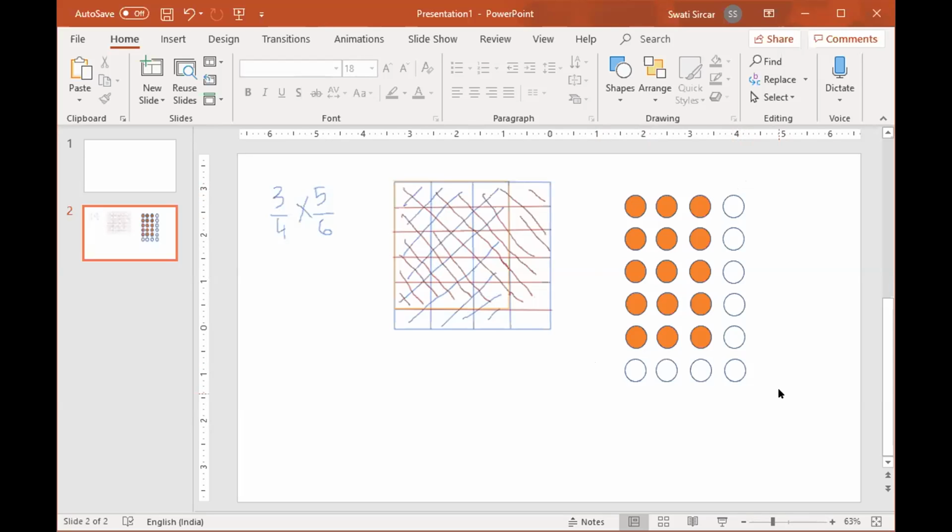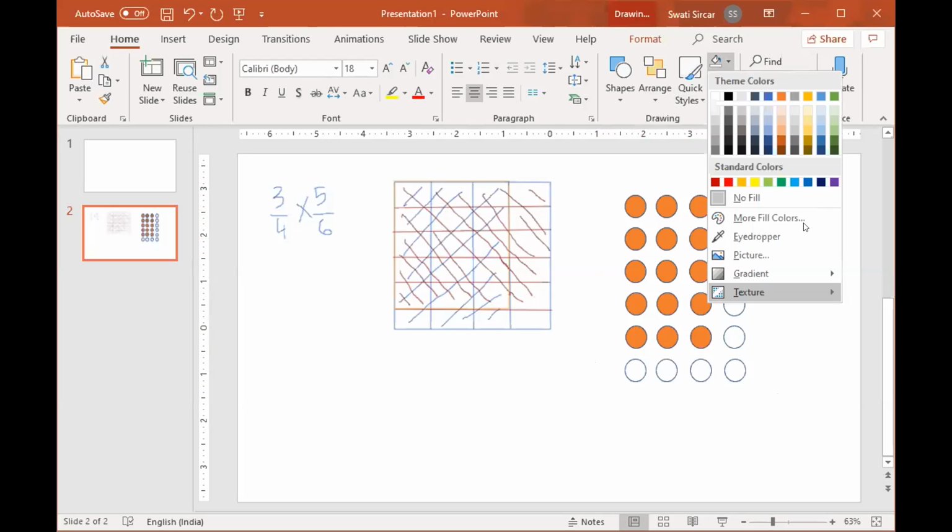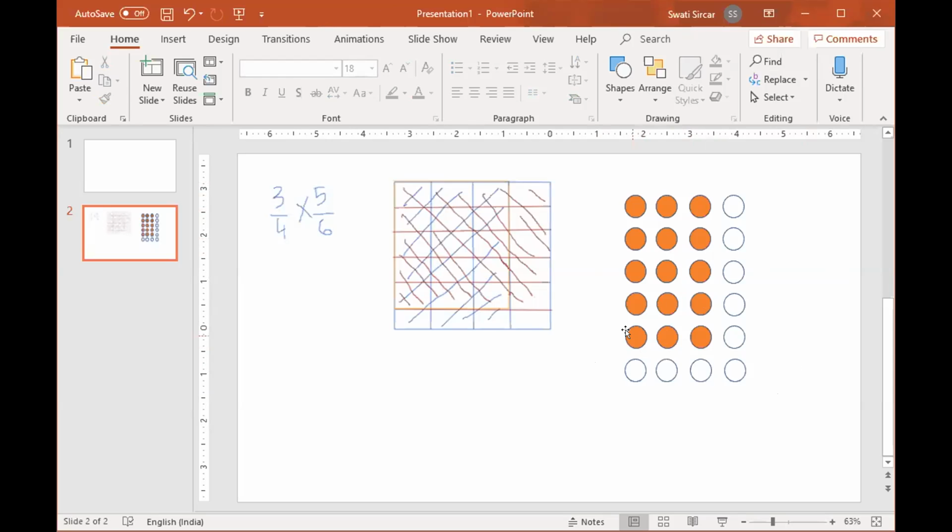We can try and see if some of these can come here. We can rearrange and see if a different array is possible.